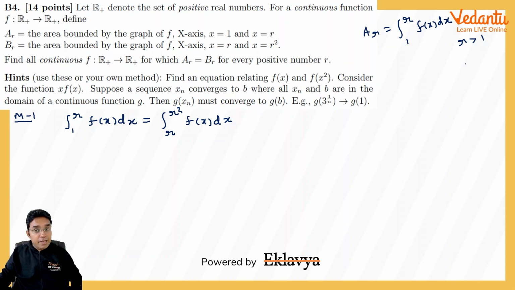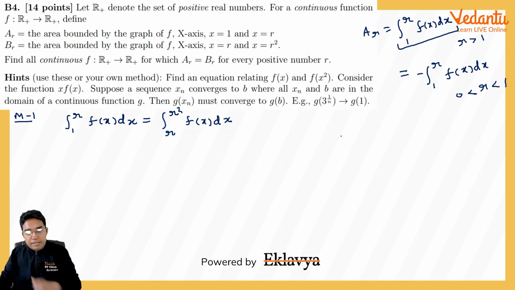If r is between 0 and 1, then this limit is actually in reverse order, so this integration will give us negative. So to write the correct area, I think we should be using a minus sign outside with the same integration if r is between 0 and 1. But if r is less than 1, r will be bigger than r². So both times if they are positive, this will be positive, this will also be positive.